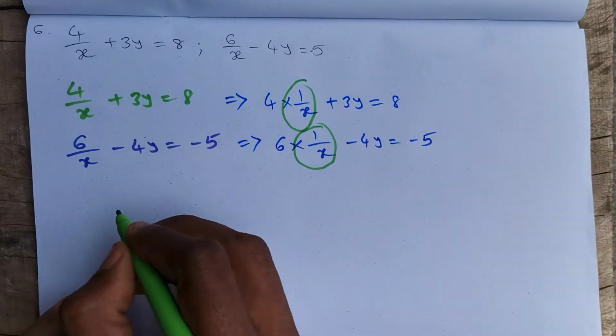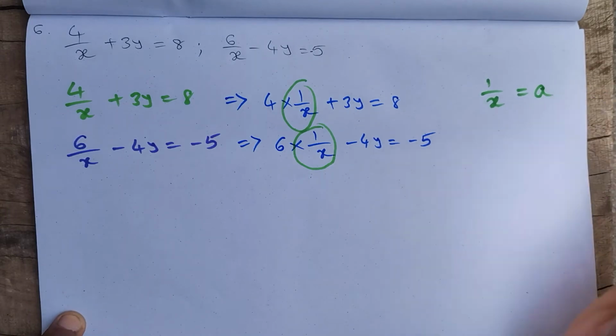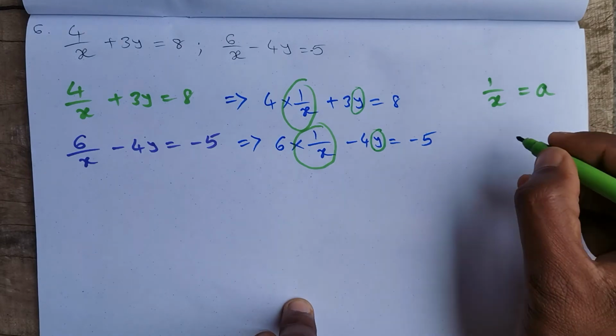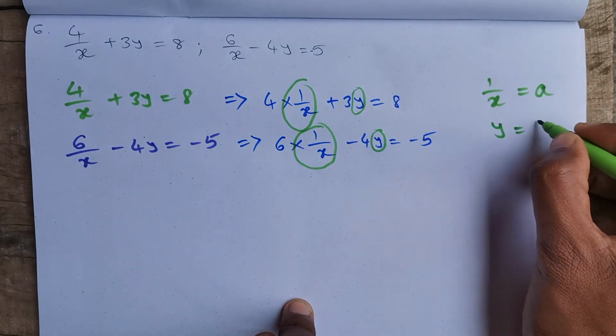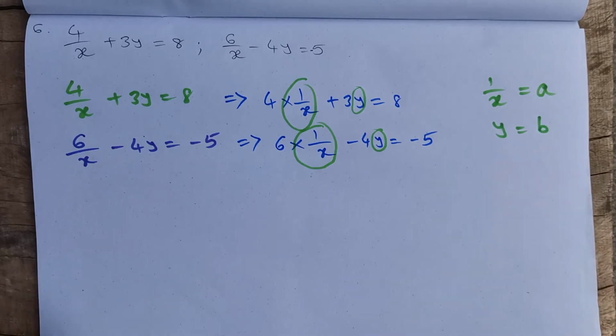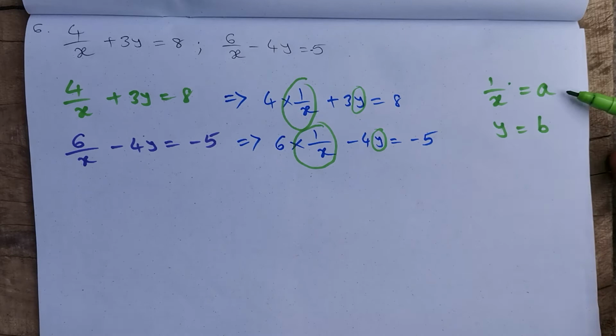So what I will do is take 1 by x equals some constant a. In the first equation we have y, in the second equation also we have y. So y equals, I am taking some constant b. In this case you can take y also, no problem. Because this is in rational or fraction form, that's why I took another constant.